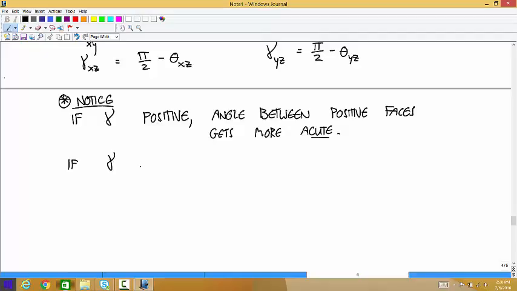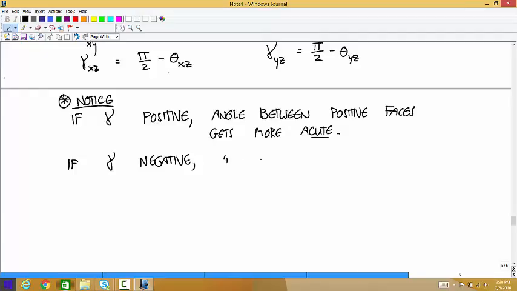And if the shear strain is negative, the angle between positive faces gets more obtuse.